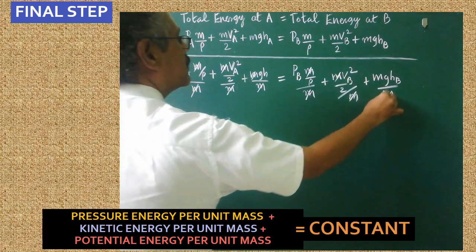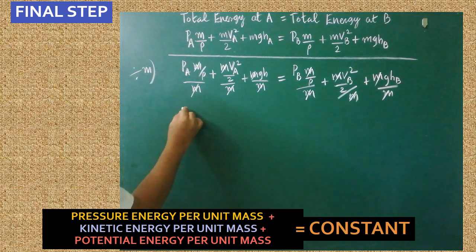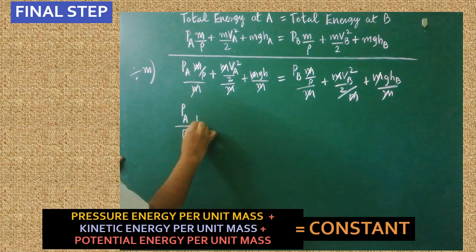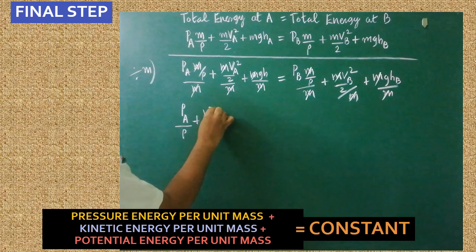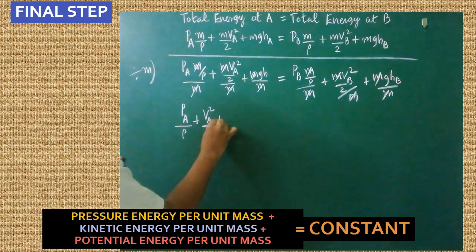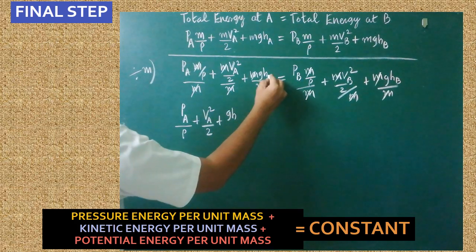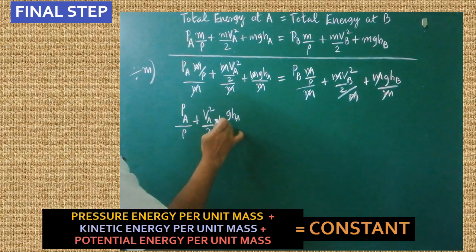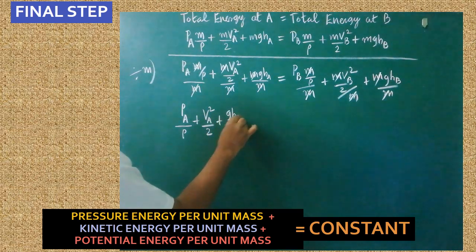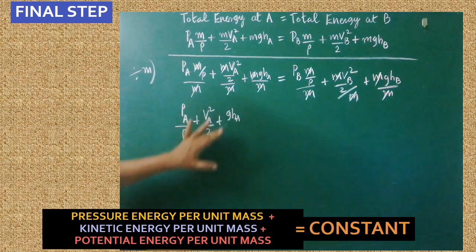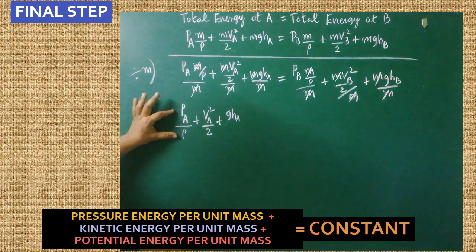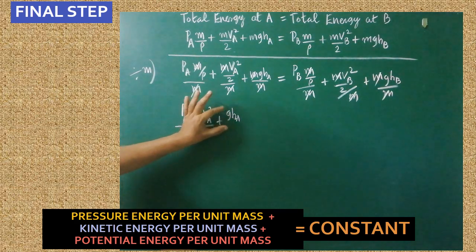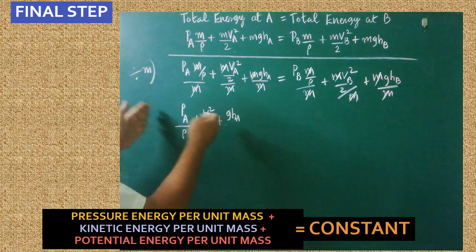After cancelling, finally you get PA divided by rho plus VA square divided by 2 plus g hA. These are the sum of the pressure energy per unit mass, kinetic energy per unit mass and potential energy per unit mass. Everything is calculated for end A.